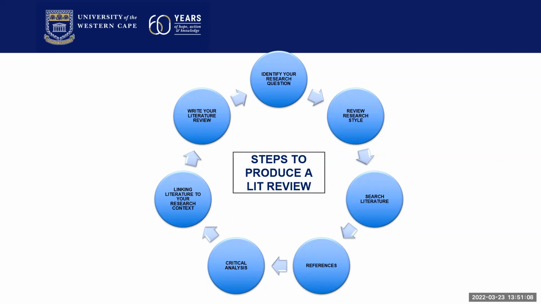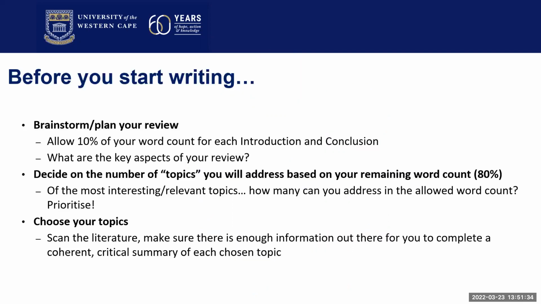By looking at the 10 or 20 articles, I could link them to my research context, and by doing that, begin writing. And then from those 10, I move to 20, 30, 40, because remember, those 10 will have combined easily 200 to 1,000 references, and that automatically will help guide me. So you see, those are the steps of producing a good literature review that can be published and a good chapter 1.